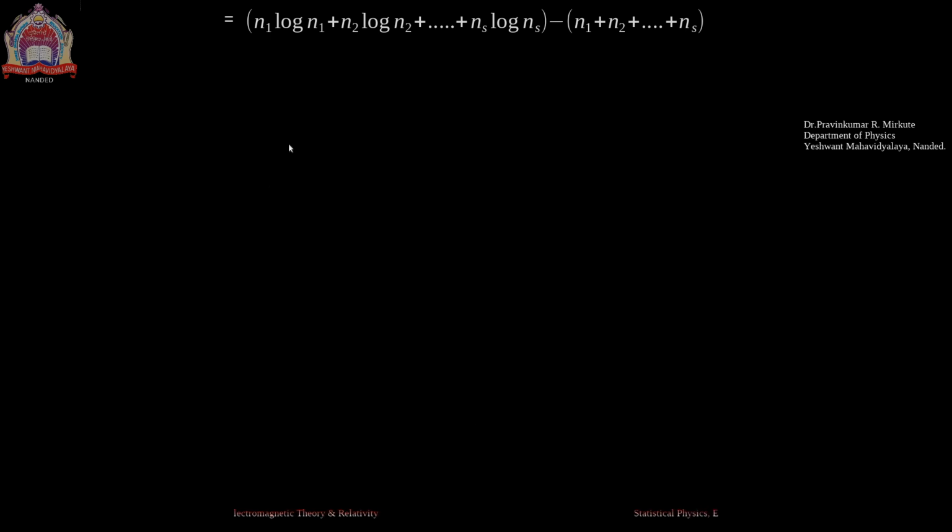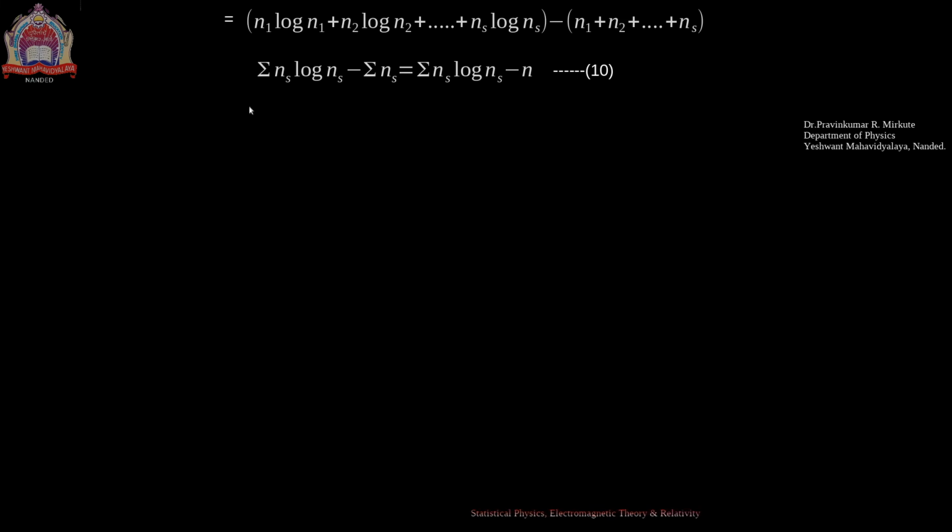Then we get the equation n1 log n1 plus n2 log n2 plus up to ns log ns, whole bracket, minus n1 plus n2 plus up to ns. Then we get the summation of ns log ns minus summation ns.